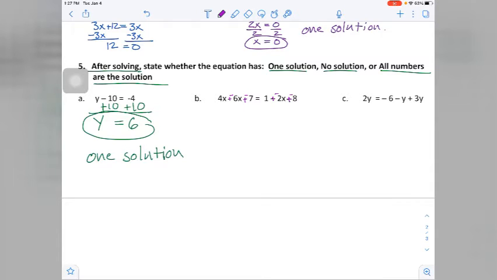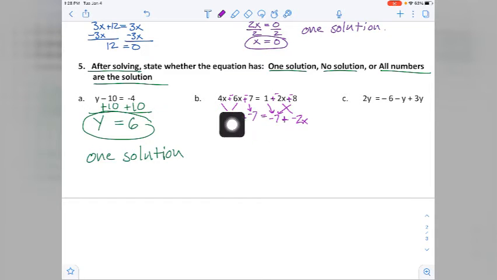Then I would combine like terms, so 4x plus -6x is -2x. And then I have this -7 that's still left over right there. And on the other side, I have 1 plus -8, which is -7. And then I have plus -2x.